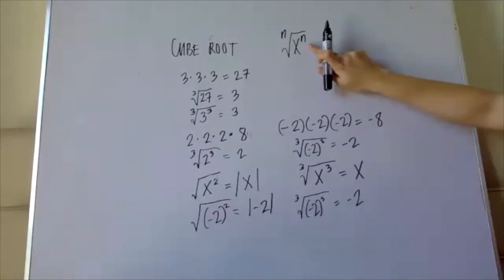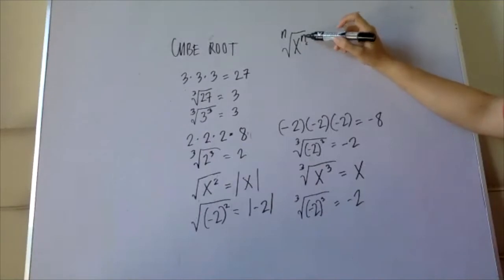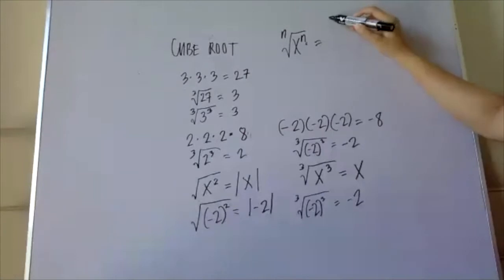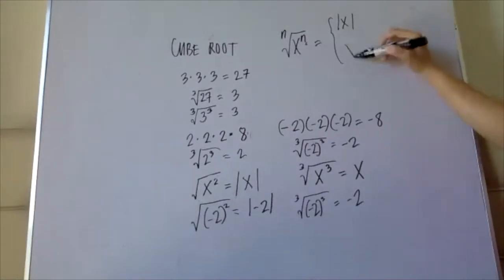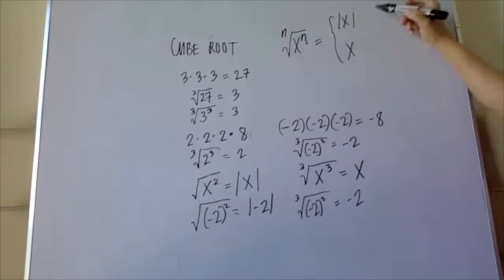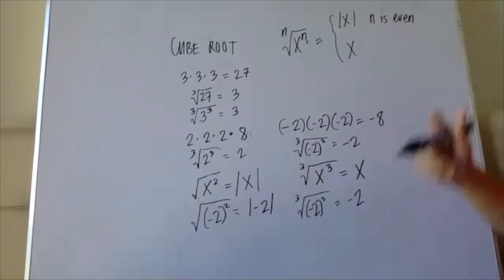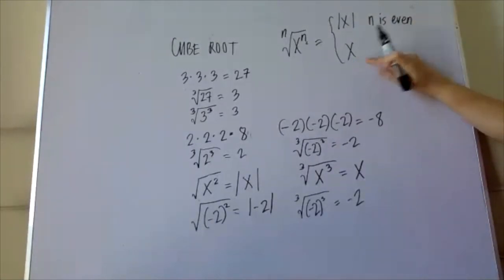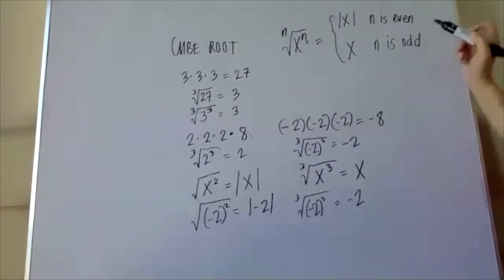Yung ating exponent dito sa radicand natin and yung ating index are the same. So, ang possible answers natin is absolute value of x or simply x. Kailan siya absolute value? When n is even. Right? Kailan naman siya equal to x lang? When n is odd. Okay?